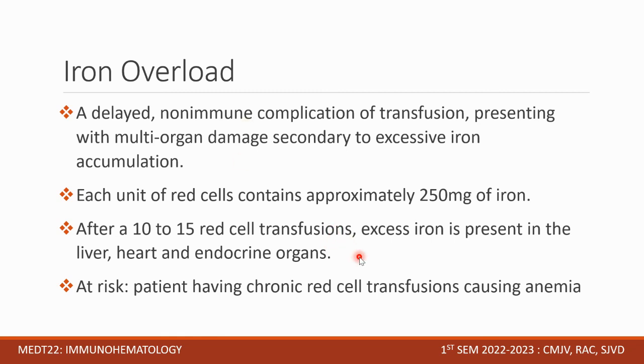So excess iron na nanggaling sa blood transfusion, napupunta yun sa liver, sa heart, saka sa endocrine organs. Okay? So, yun, kapag mayroong iron accumulation doon, it can cause multi-organ damage.